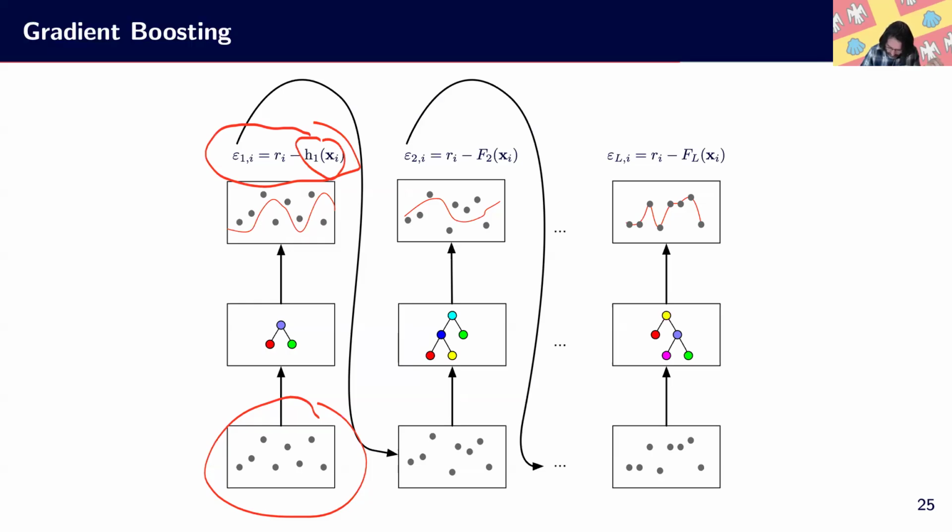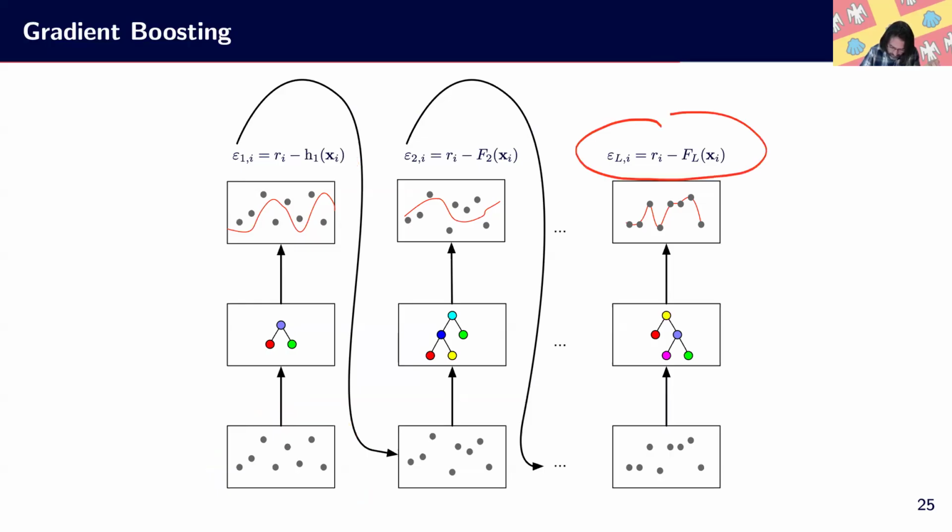And as we go along the different iterations, we will look at the difference between the target and the ensemble output that we obtain. And in the end, we can assume that this residual goes to something really small, and then we have a really good fitting of the data we have to process here.